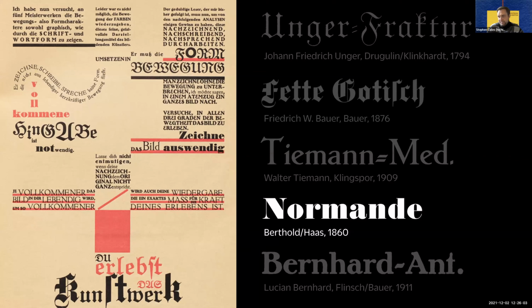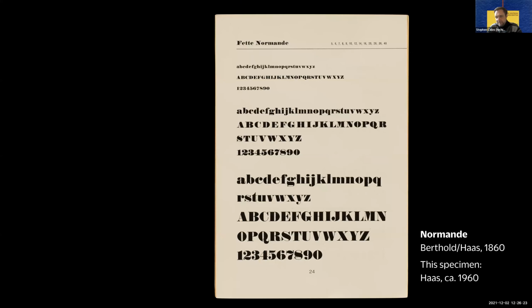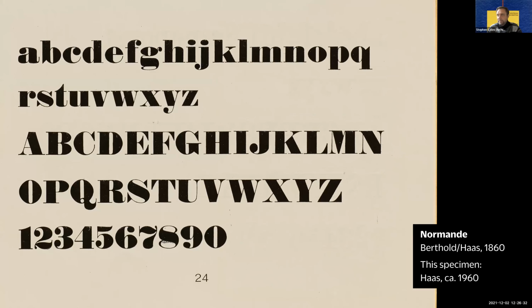And this is essentially what happened in the Industrial Revolution as they started to add more and more weight to the Didone style typefaces or modern typefaces of that time, adding more and more weight so that they could become really striking display faces. So here's a specimen of Normand, continued to be very popular up until the mid 20th century. Close-up of the character set.